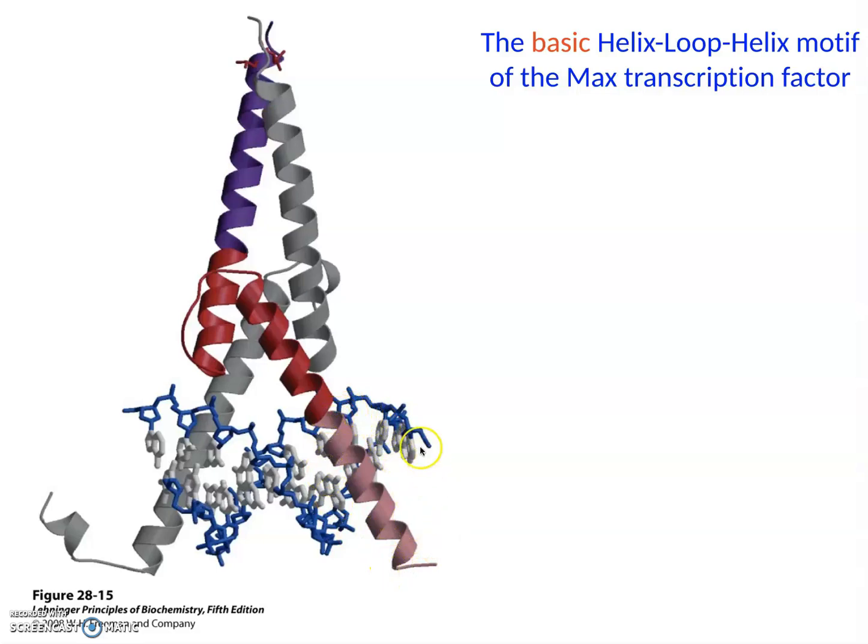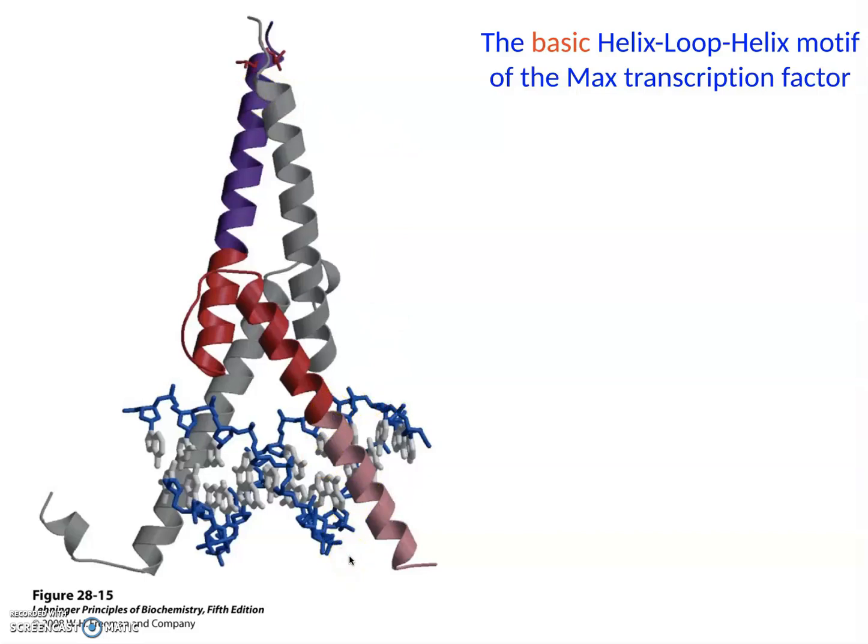The basic part is the area of the protein that binds to DNA. The helix loop helix part of the protein is the protein binding motif. The helix loop helix motif does not associate with DNA in general. It's only the basic part of that first helix that associates with DNA.